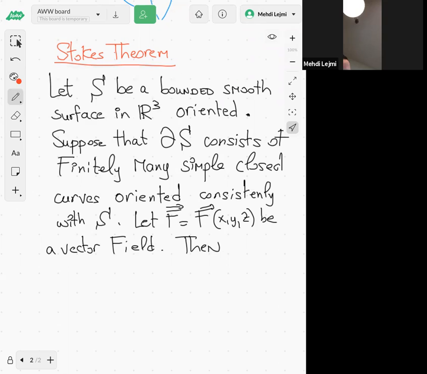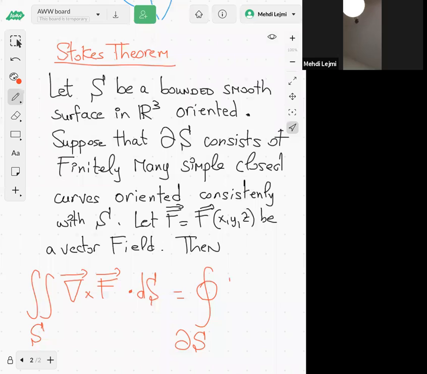the double integral over the surface S of the curl of F is equal to the line integral along the boundary of S of the vector field F. Okay.